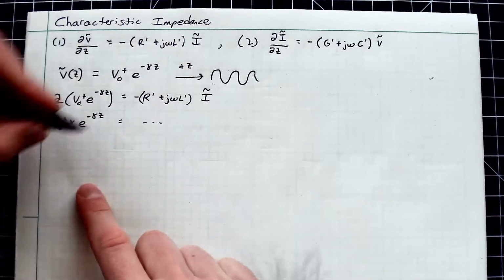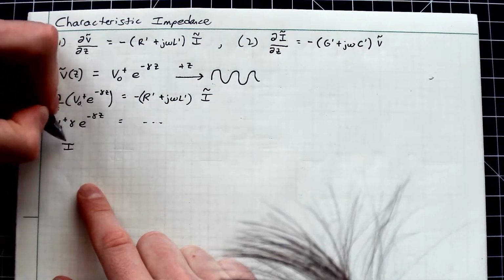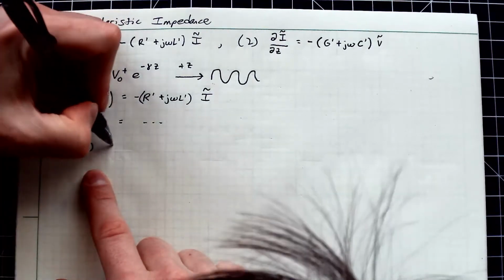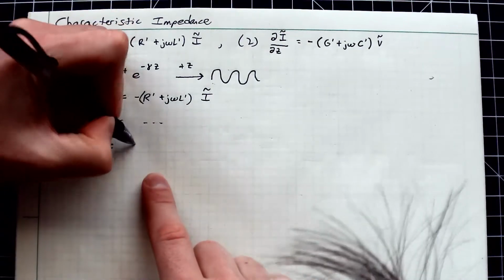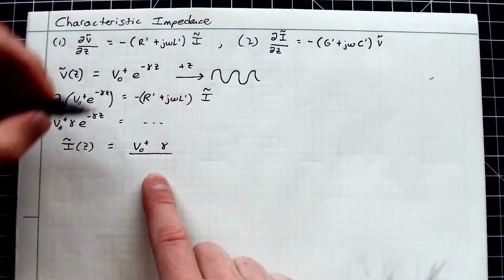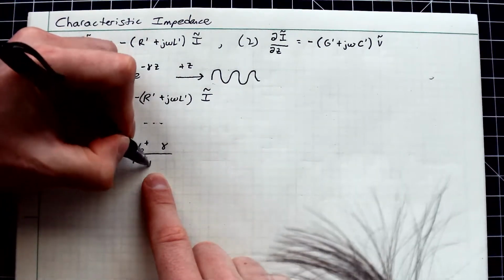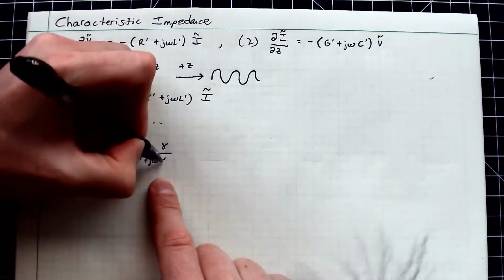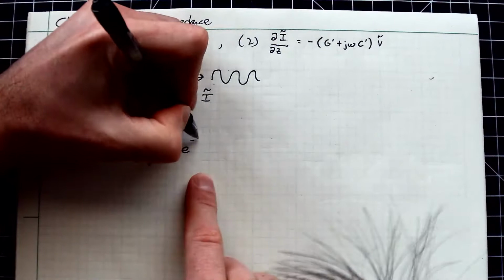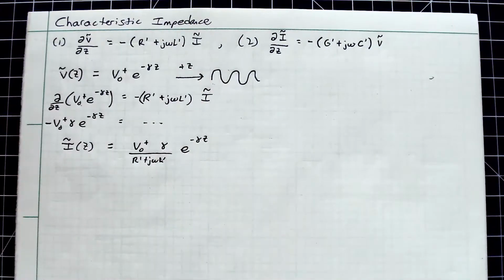So we're going to do a little bit of algebra, and we find that the current as a function of z is equal to the following. I get V naught plus times gamma divided by r prime plus j omega L prime, and there'll be this e to the minus gamma z over here.